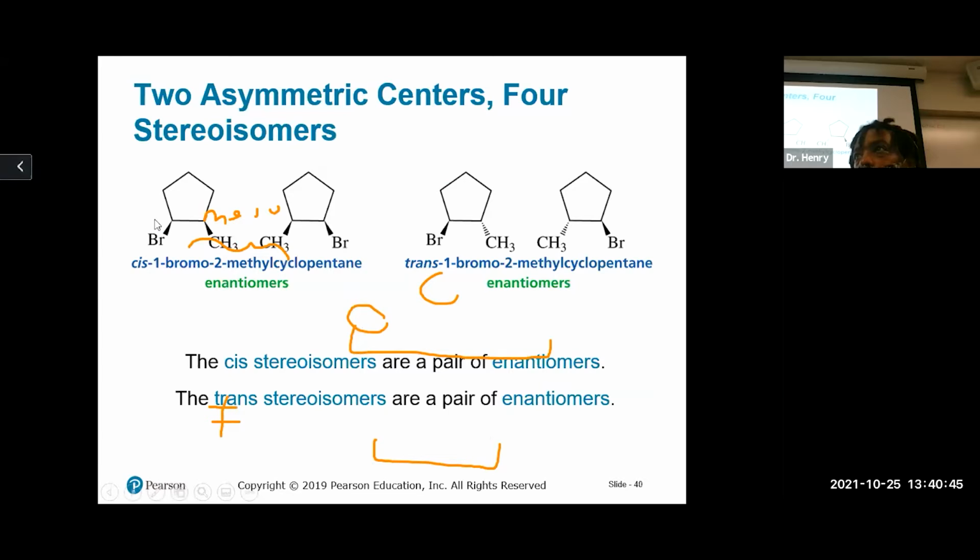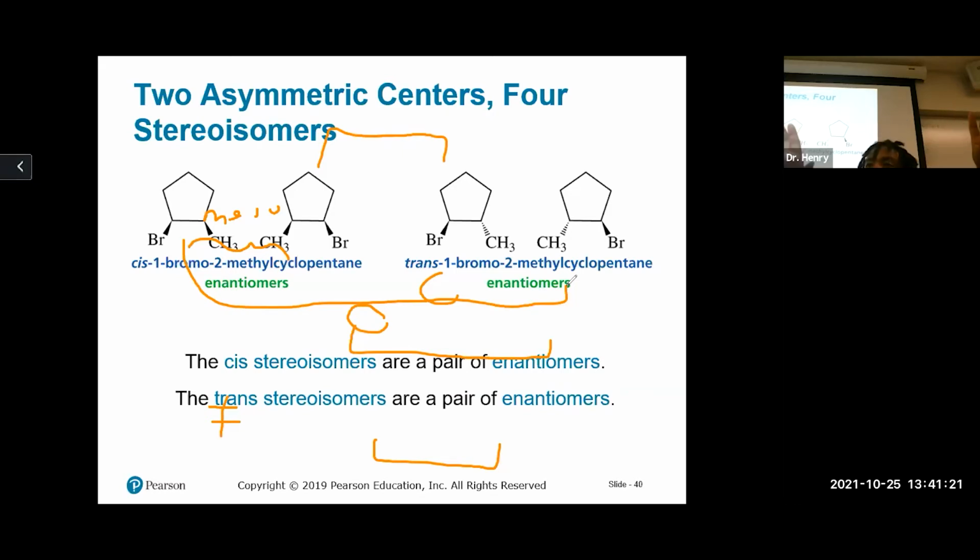Here, these guys are diastereomers of each other. These two are diastereomers of each other, right? And then these two are also diastereomers of each other, right? So meso basically means that you have only one of your diastereomers. You have 2 enantiomers and one that just exists, right?